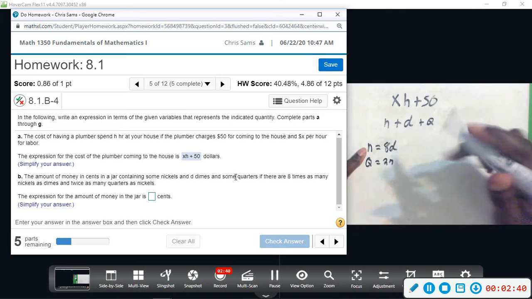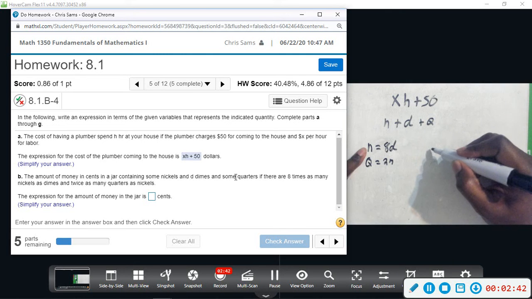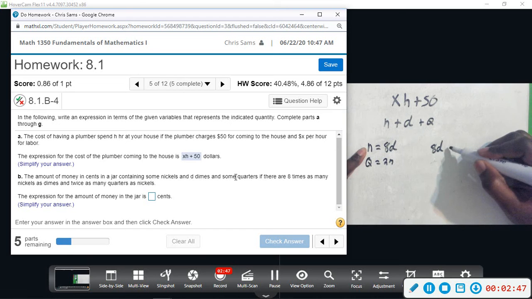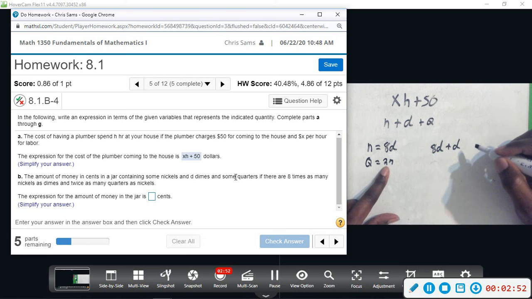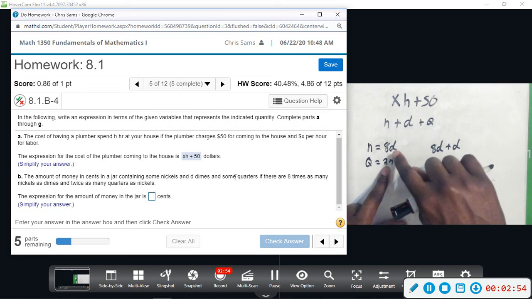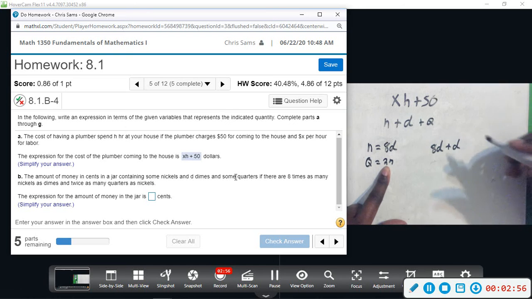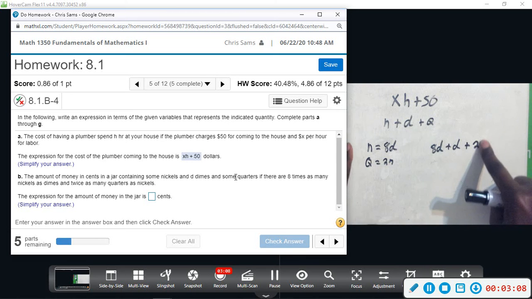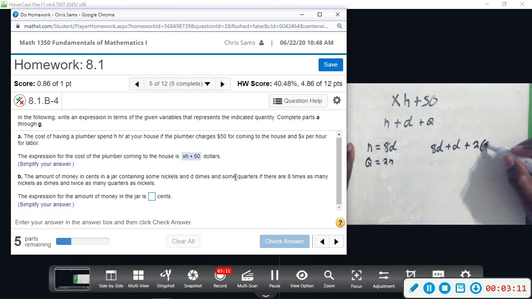I know nickels equals 8 dimes, so I'm going to put 8D in the place of nickels, plus D in the place of D, and then I have quarters in terms of nickels, but I can also put that in terms of D as well. So quarters is equal to 2n, but we know n is equal to 8d, so I'm going to put 8d right here, so we can get everything in terms of dimes.